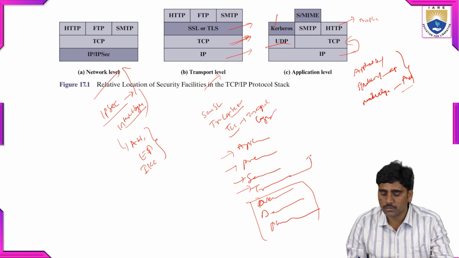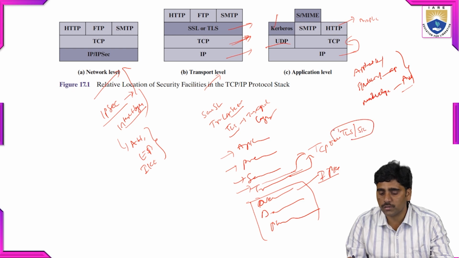Before the transport layer, we provide IP security as a security service; above the transport layer, we provide TCP related security services, TLS or SSL; and in the application layer, we provide application specific security services for each and every application.